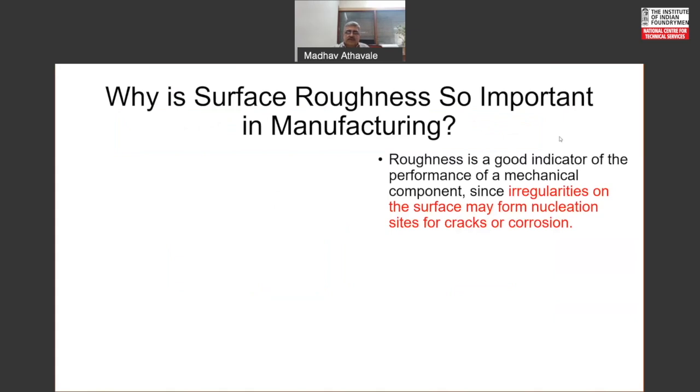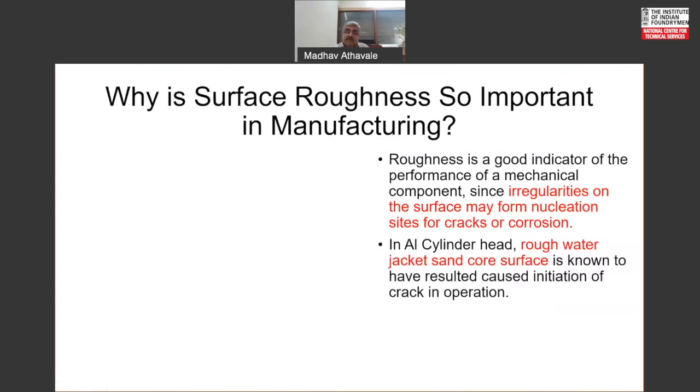Now, surface roughness is a good indicator of the performance of a mechanical component. For example, say irregularities on the surface, they may become nucleation sites for cracks or corrosion, as can happen in cylinder heads. I have a photograph for you.